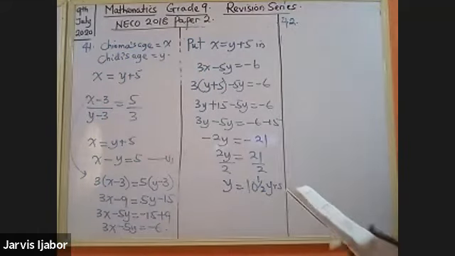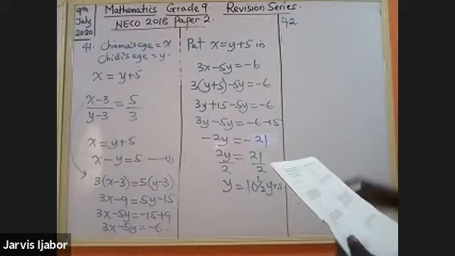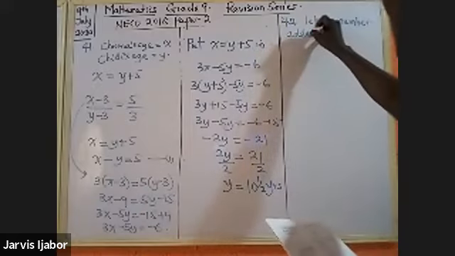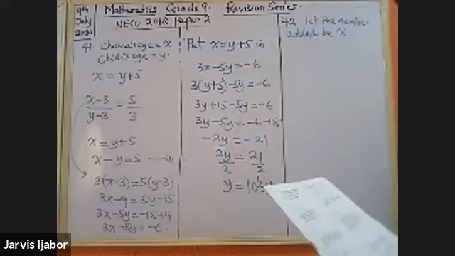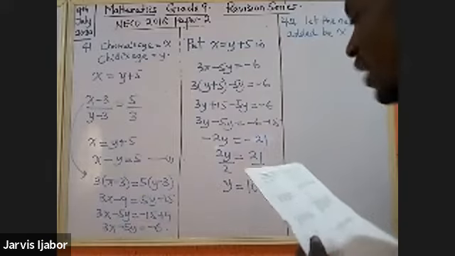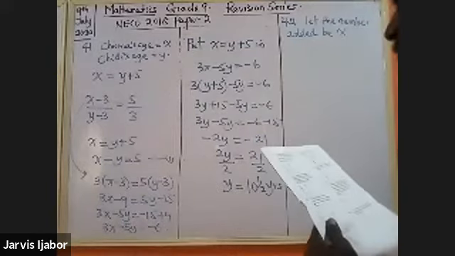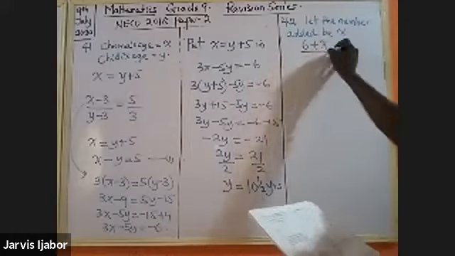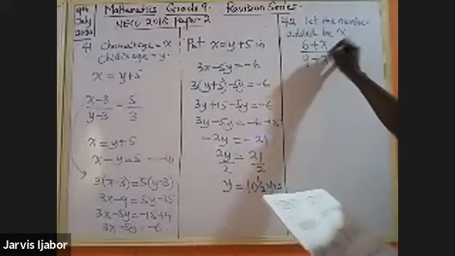If the same number is added to both the numerator and the denominator, let the number added be x. So the numerator and the denominator of a fraction 6/9, so 6 plus x over 9 plus x.